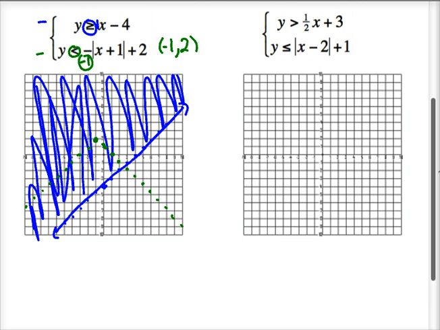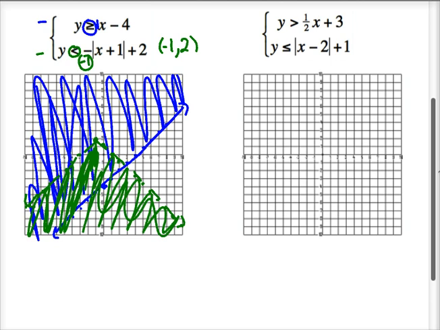Interpret its inequality, so strictly less than, so it is a dashed line. And then less than means you start at the vertex and you shade underneath that vertex. So you're getting everything down here.